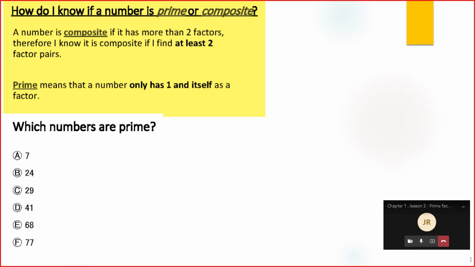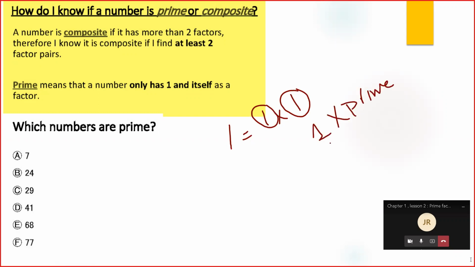Number 1 is not a prime number, because when you multiply it, it's 1 times 1, itself. So 1 is not prime, and it's not composite. Not composite, not prime.